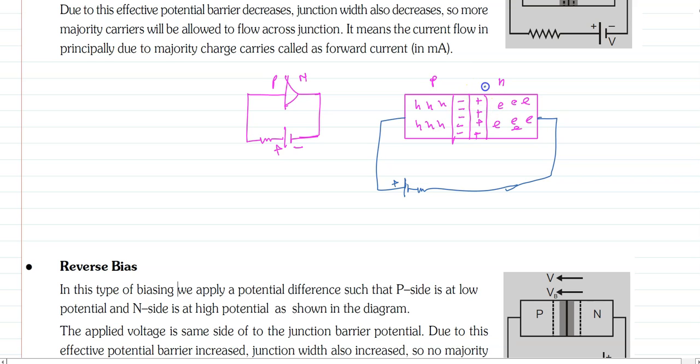Inside the junction diode I have told you about the electric field due to immobile charge carriers, but the battery produces an electric field opposite to this electric field. We know the battery produces an electric field from positive to negative. Due to this electric field, holes accelerate towards the n region and electrons accelerate from n to p.